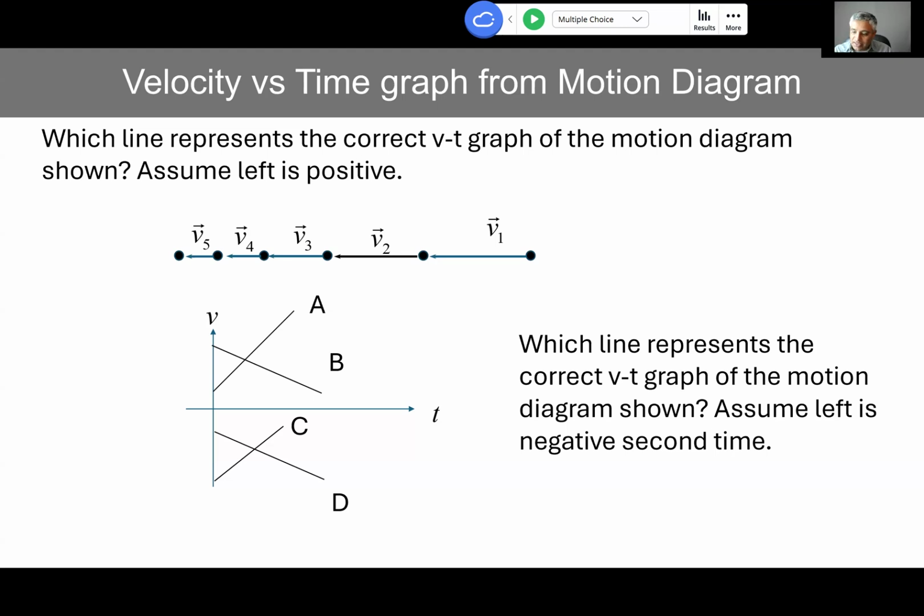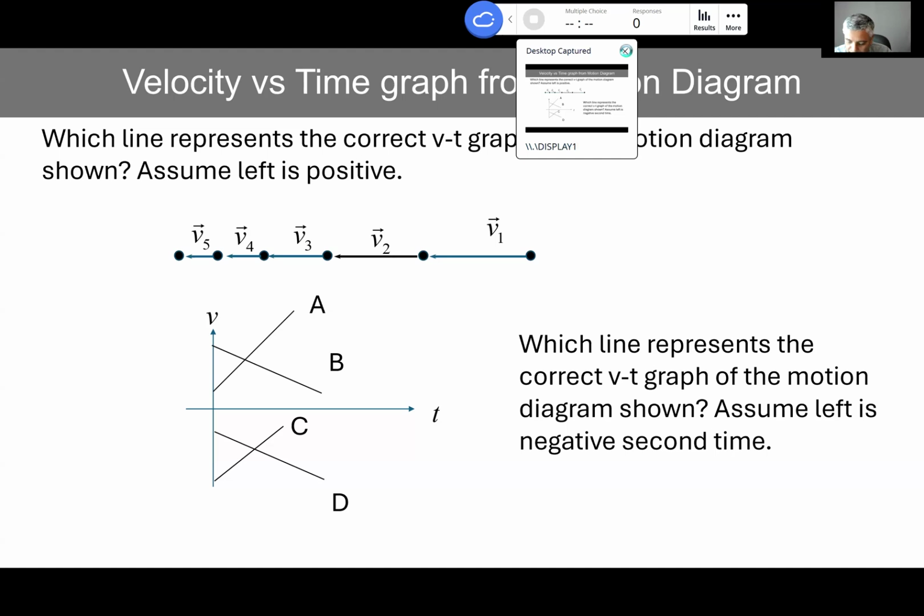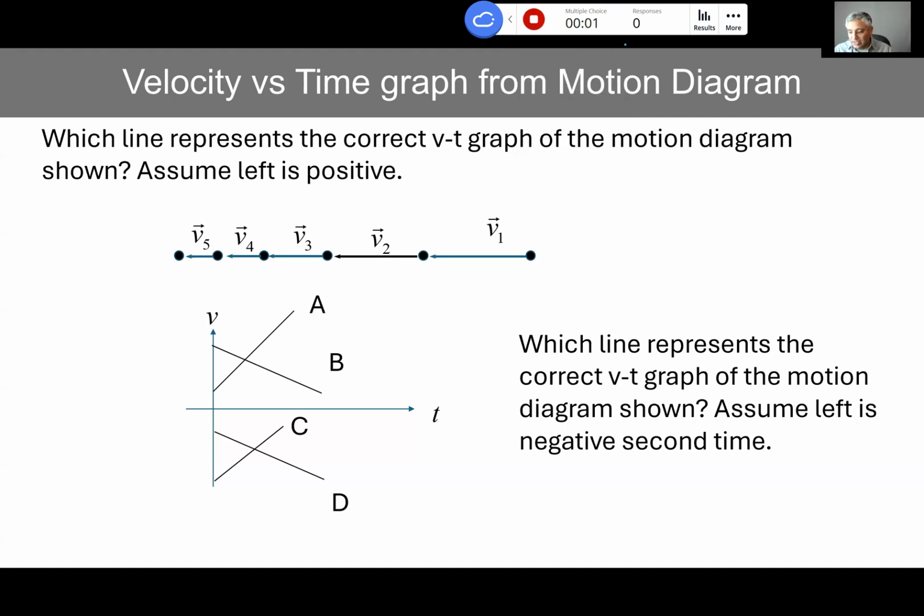So now here is another question for you. And I'm opening the poll. After this, we're gonna take a break, okay? So forget about this one for now.